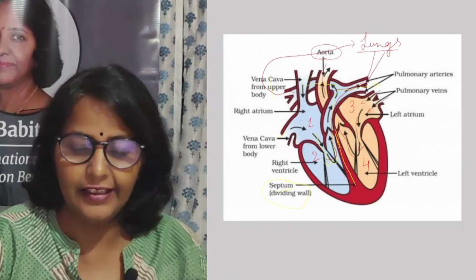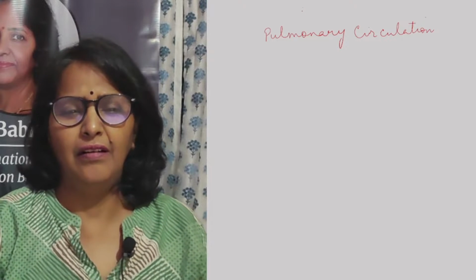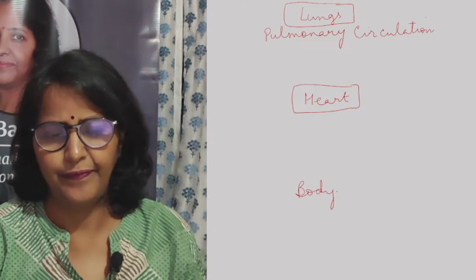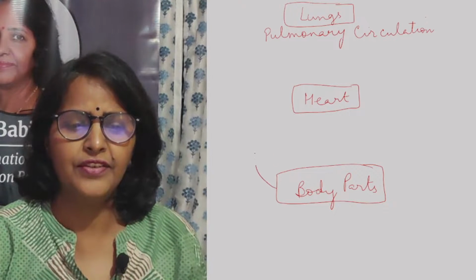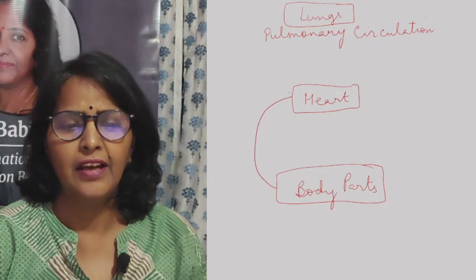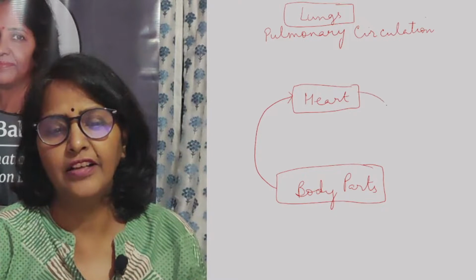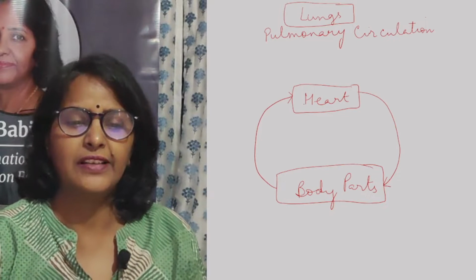If we look at this with a simple diagram, let's see what happens. We have pulmonary circulation, the heart, and the body parts. Blood was going from the body parts into the heart, and from the heart it was going out to the body parts.